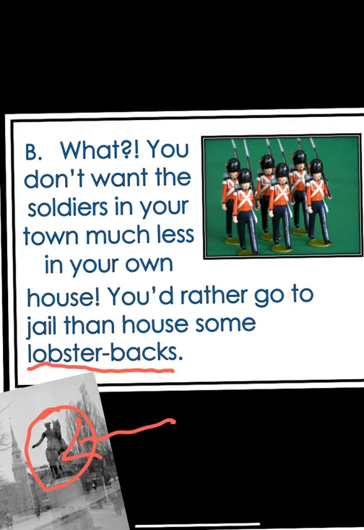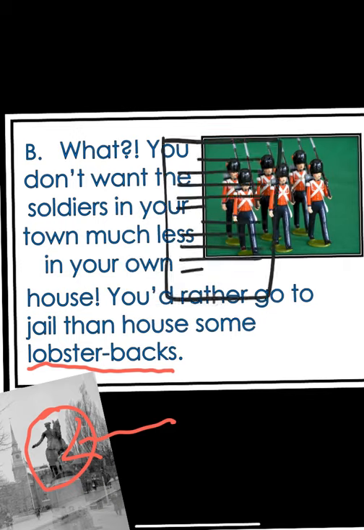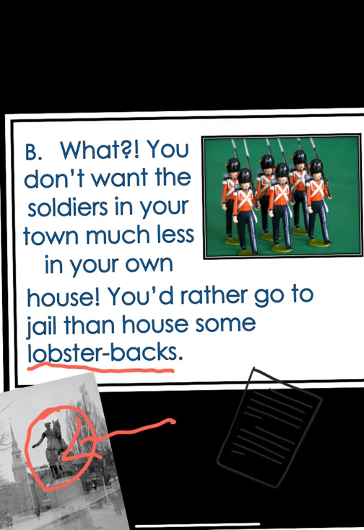So think about this. The more kids or more family members you have living in your house, chances are the British are not going to want to quarter in your house. So what are you going to do? A or B? And don't forget, please make sure you are writing down your responses right now on a piece of paper, because you're going to have to answer something else.